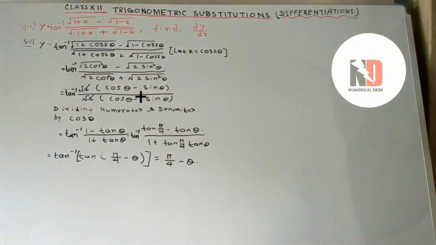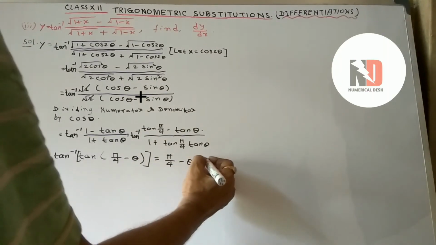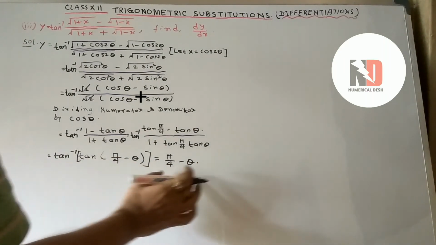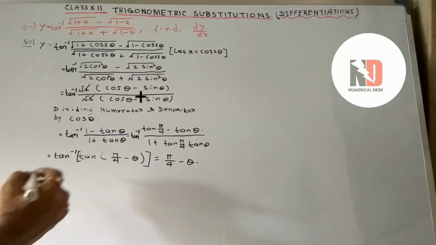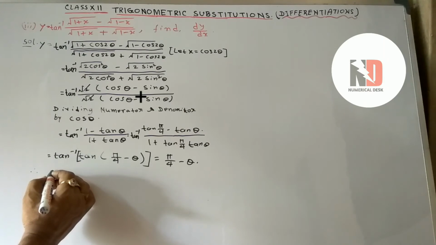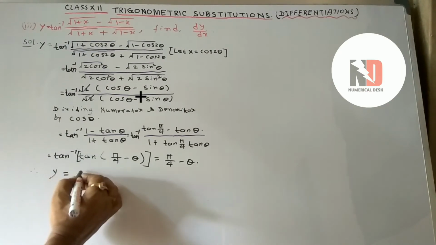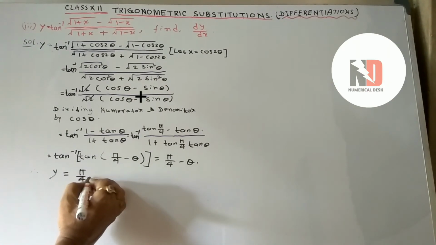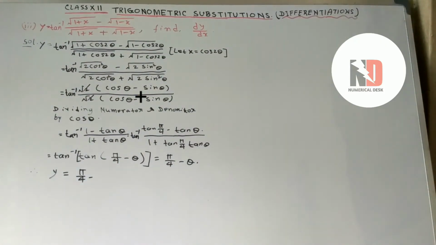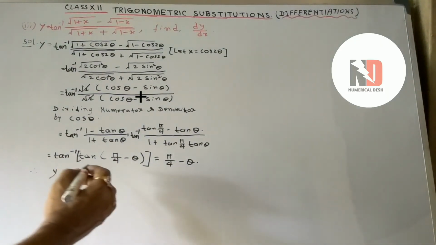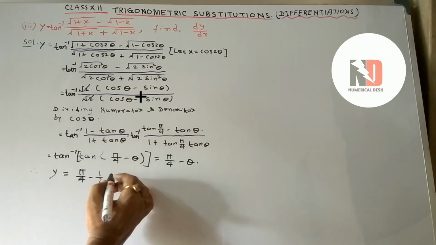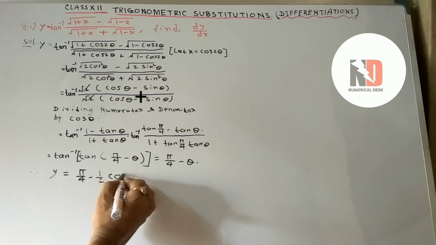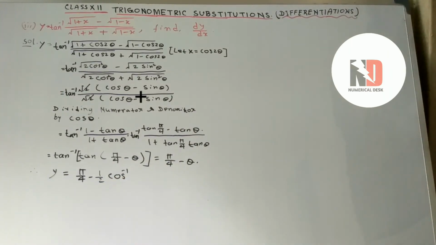Now let us substitute the value of theta, and then we can differentiate. So let us rewrite it: y equals pi by 4 minus theta, and let's put the value of theta equal to half cos inverse x.